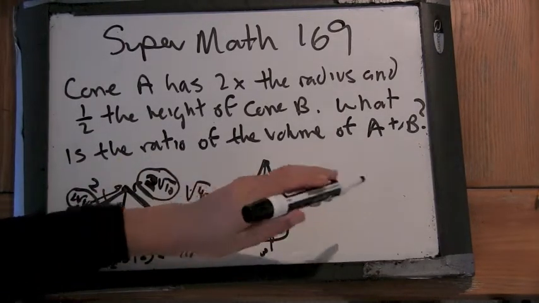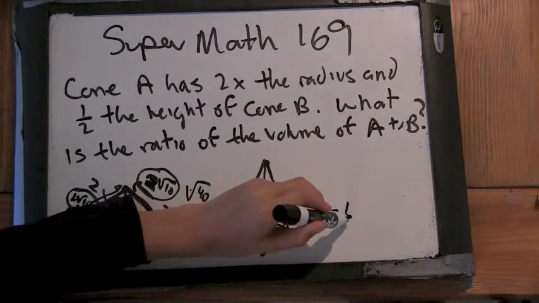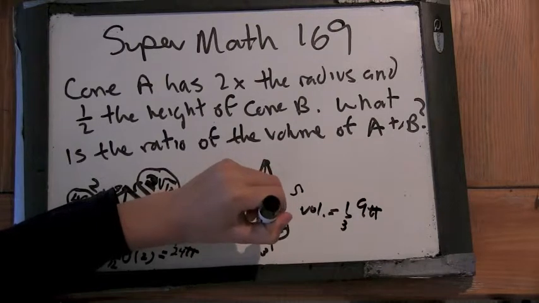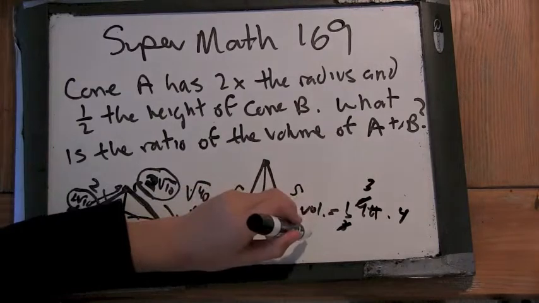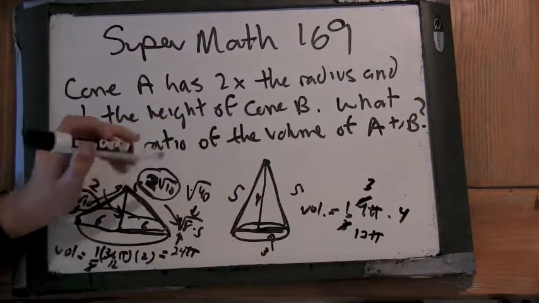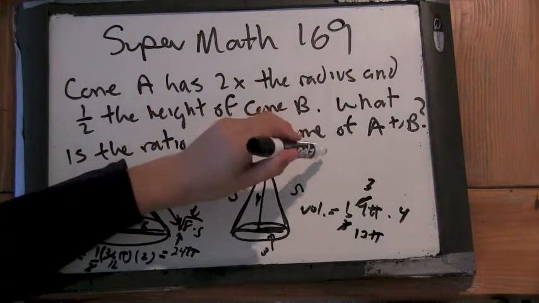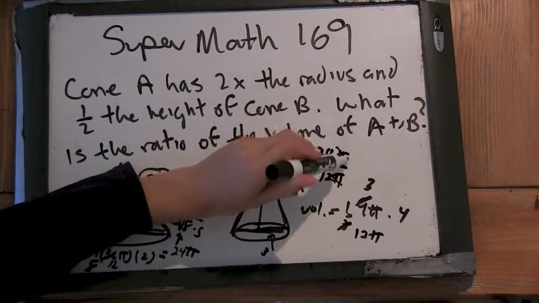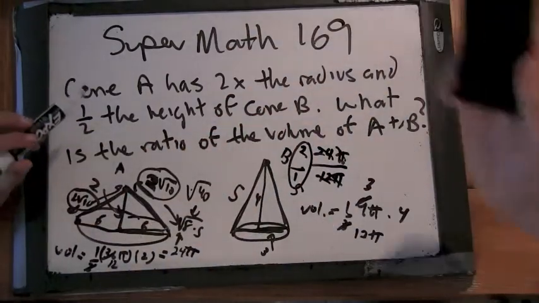So in here, the volume is 1/3 times 9 pi, because the radius is 3, times 4. This is 12 pi. This is cone A, and that's cone B. So it's 24 pi to 12 pi, which is 2 to 1. It's twice as big. Good job.